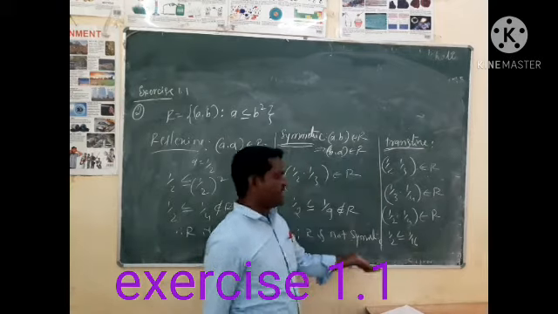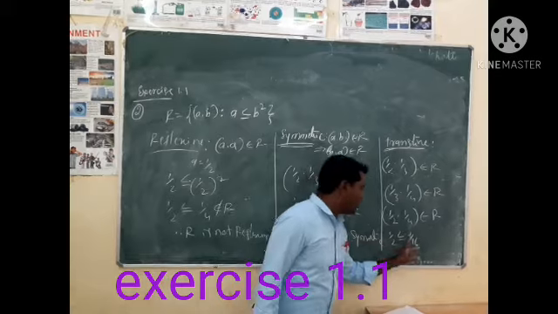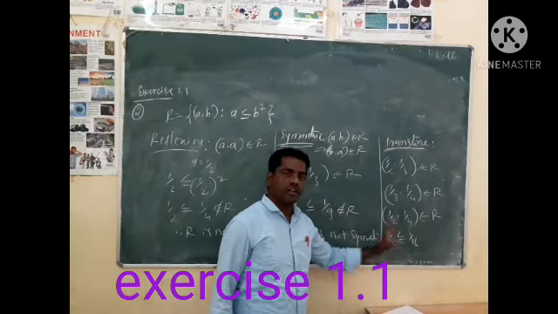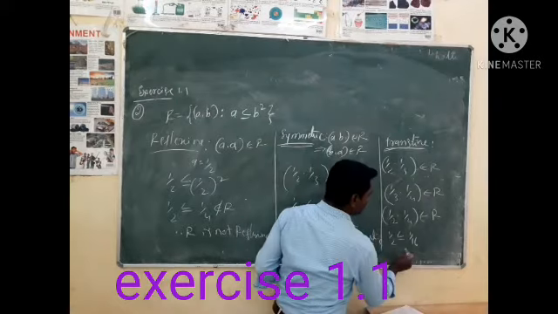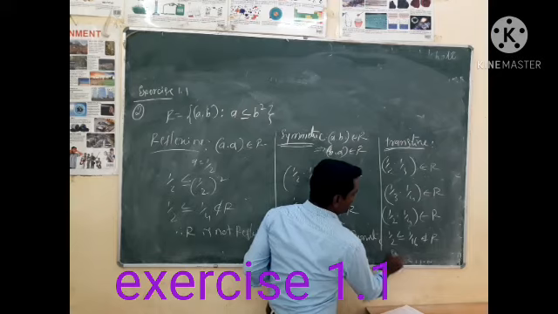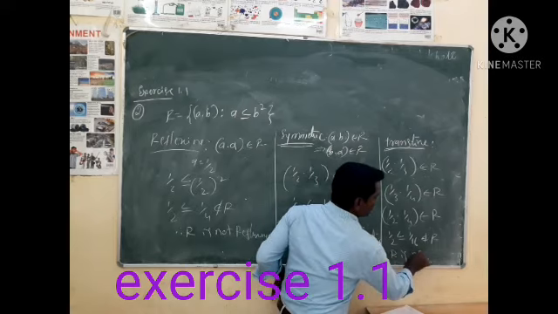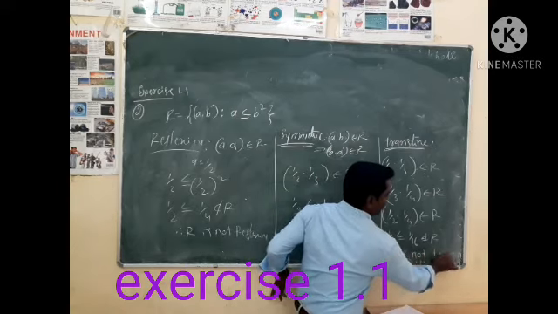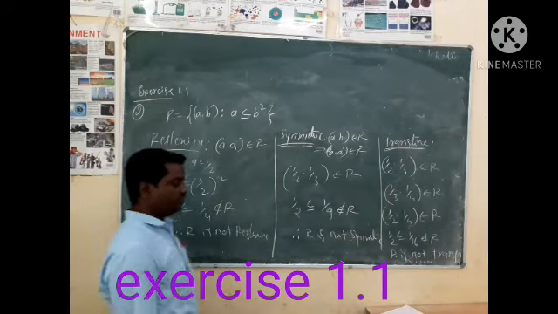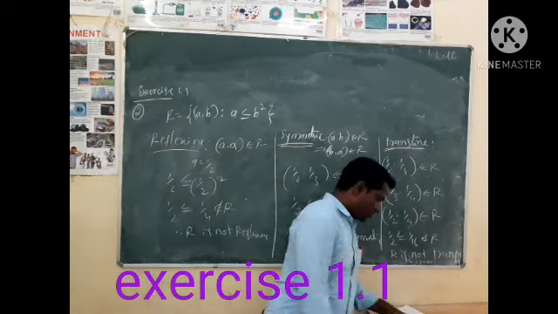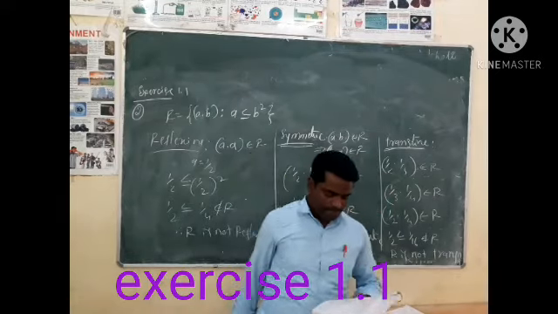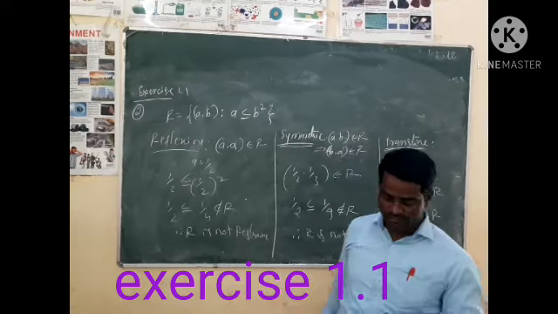Which number is lesser and which is bigger? 1/16 is very small, but the symbol shows the reverse. Therefore, this does not belong to R. R is not transitive. This is the second question. Now we will go for the next question.